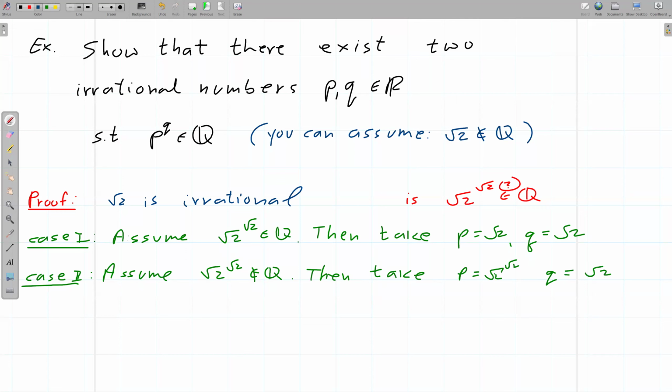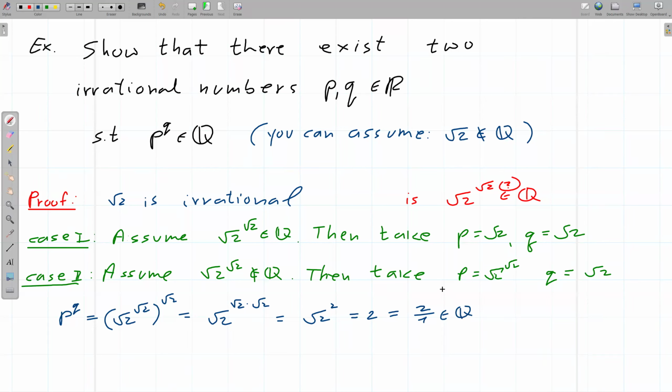Then what will p to the q be? So we get square root of 2 to the square root of 2 to the square root of 2, which is equal to square root of 2 to the square root of 2 times square root of 2, which is equal to square root of 2 to the square of square root of 2, which is equal to 2, which is 2 over 1.